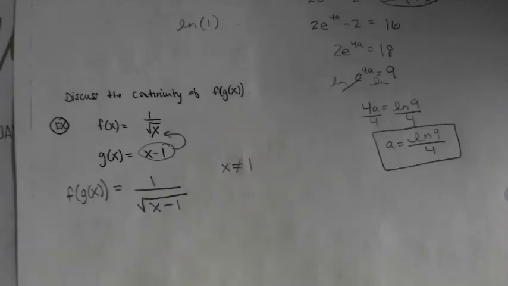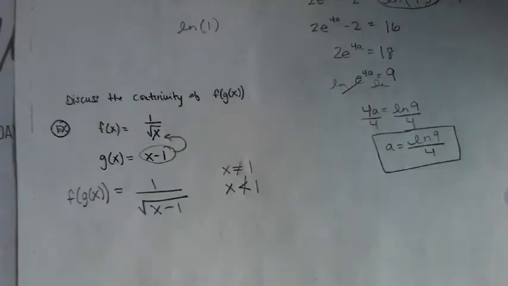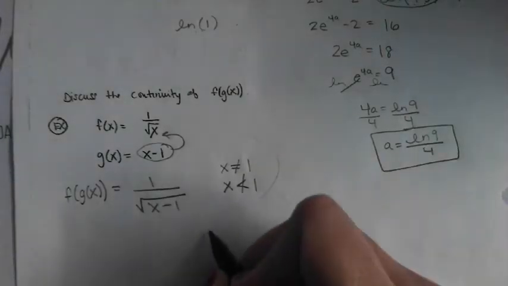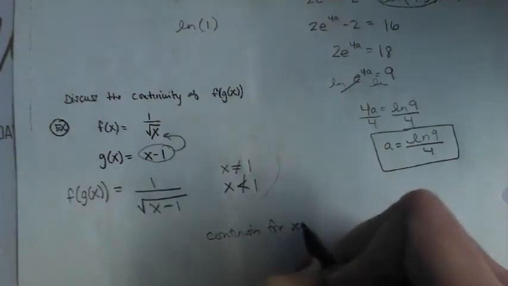So what values would make us be taking the square root of a negative? Anything below 1. So x cannot be less than 1. What's the better and more concise way of saying that? If x cannot equal 1 and x cannot be less than 1, then x has to be greater than 1. So this will be continuous for all x's greater than 1.